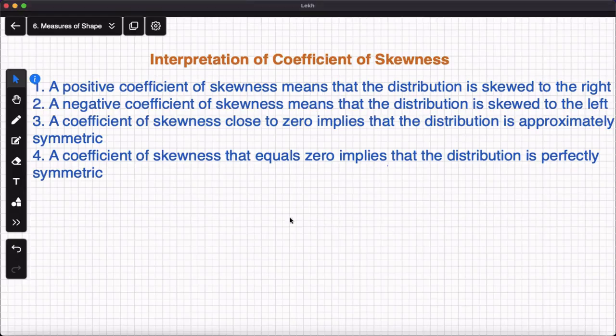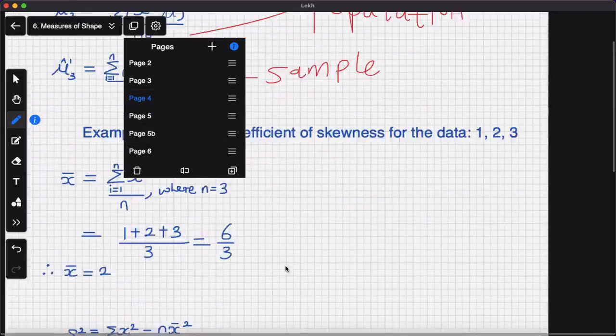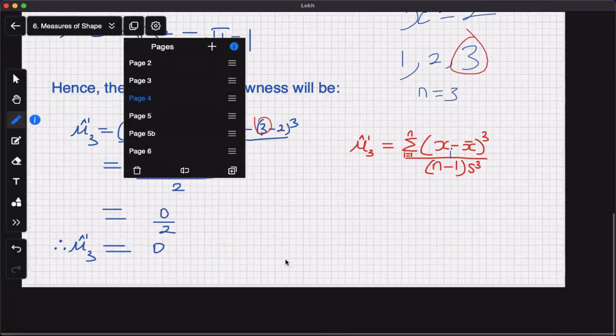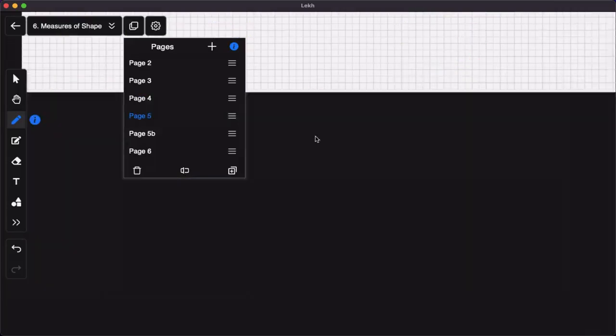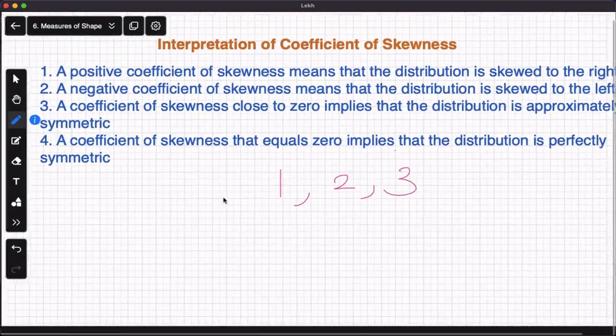So if we look at the data we just obtained the skewness coefficient for, it had a skewness coefficient of 0, and so that means that the distribution is perfectly symmetric.